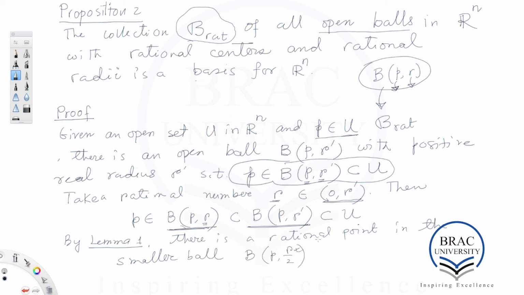Remember, R was the rational radius. Okay, so if we divide it by 2, that is also going to be a rational number. So B(P, R over 2) is an open set in Rn, and by lemma 1 it must contain a rational point. So let us call that rational point Q.